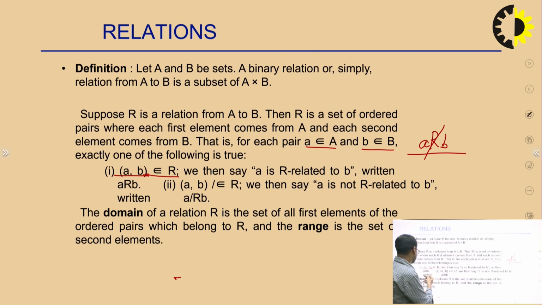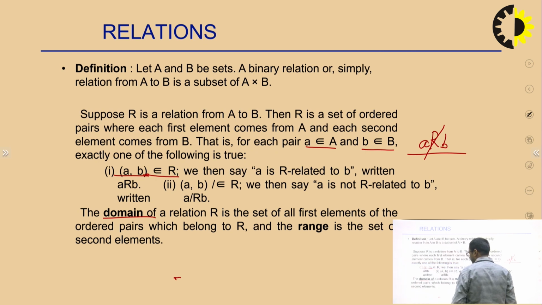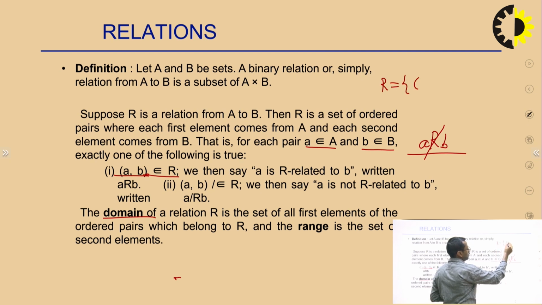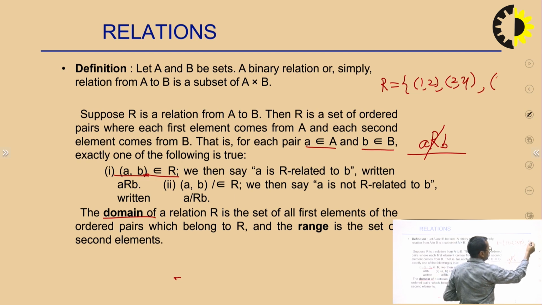The domain of a relation R is the set of all first elements of the ordered pairs which belong to R, and the range is the set of second elements. Suppose that there is a relation R that contains (1, 2), (2, 4), (2, 4), (3, a).